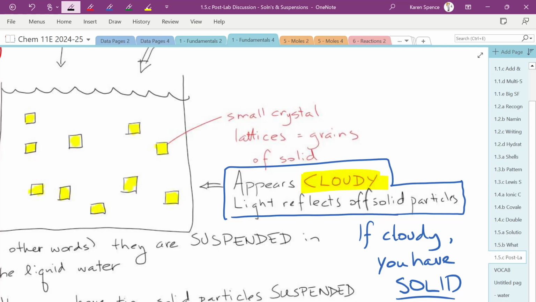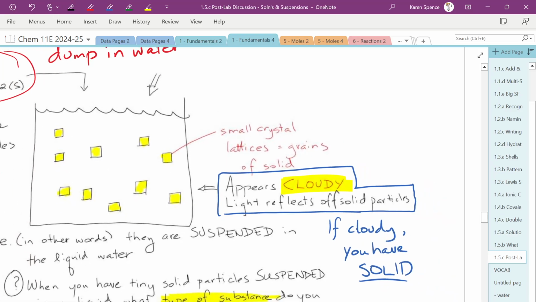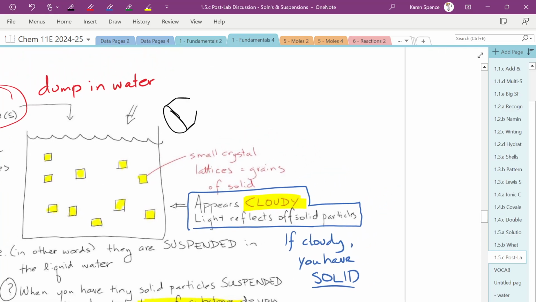And I'm going to draw a little flashlight up here. Okay, so we got our little flashlight. And now we're going to see a light beam shine into the water. And what does it do?